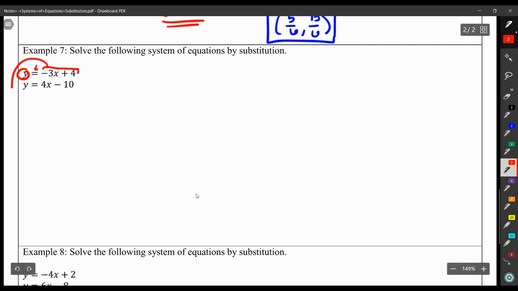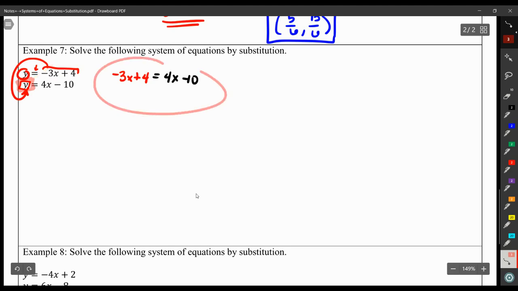So we're going to take negative 3x plus 4 and replace it with this y at the bottom. So what this turns into is negative 3x plus 4, that was the replacement of the y at the bottom, is equal to 4x minus 10. We have taken this here and replaced it with this y here.